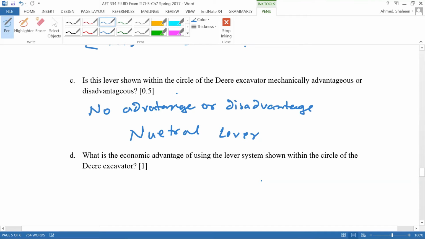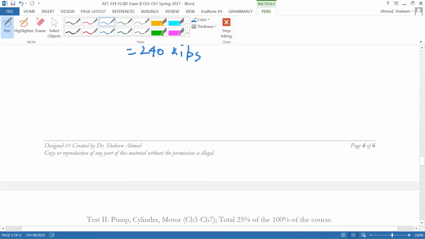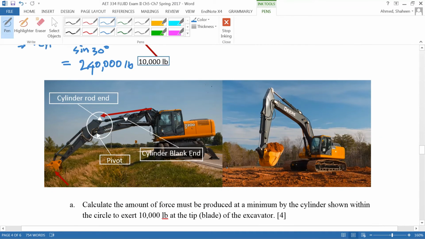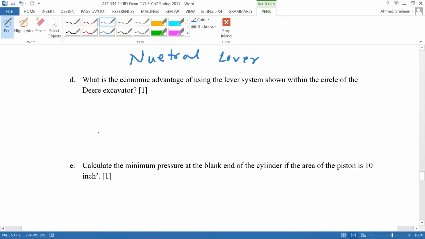What is the economic advantage of using this lever system shown within the circle of the excavator? If the hydraulic system is expensive, or sometimes it's maybe the packaging of how you want to do it. Primarily it's the packaging that doesn't allow us to use mechanical levers. So the economic advantage would be the packaging of the system.